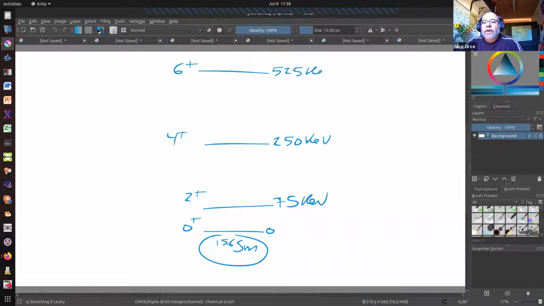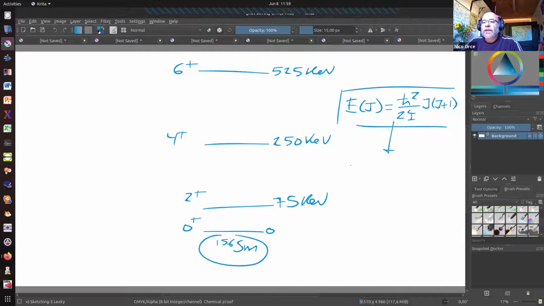Again, we're just applying our rotor eigenvalues, J(J+1), that we extracted from T = 1/2 I omega squared, from the kinetic energy.